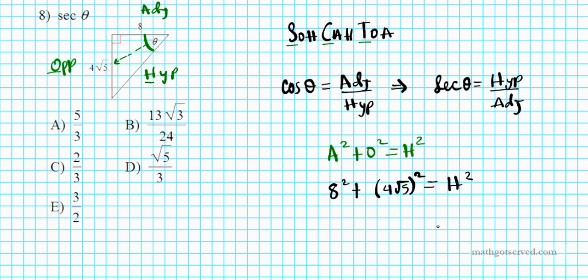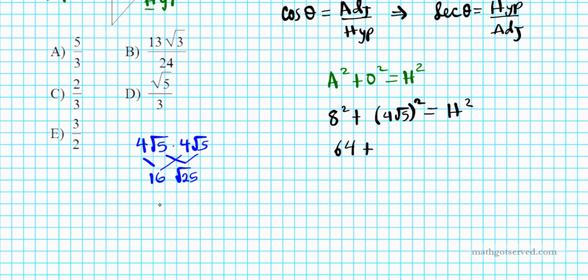Okay. So 8 squared is 64. Now what is 4 root 5 squared? What on earth is that? Well, let me show you how to multiply that type of number. So 4 root 5 times 4 root 5, you multiply the integers, so 4 times 4 is 16. And then you multiply the radicals, root 5 times root 5 is root 25. All right, so you have 16 times, what is the square root of 25?